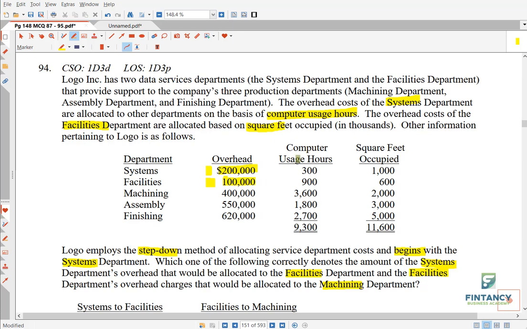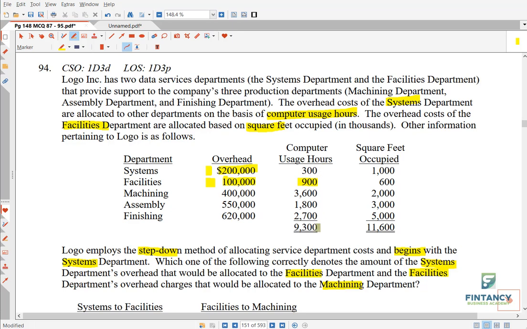So first, if I say computer usage hours, it's very clear from here that systems is giving 900 hours to facilities. So this is your numerator. But what is the denominator? The denominator will of course be everything except the system hours. So can I take 300 out of this figure? Getting it, everyone? I will remove this 300.